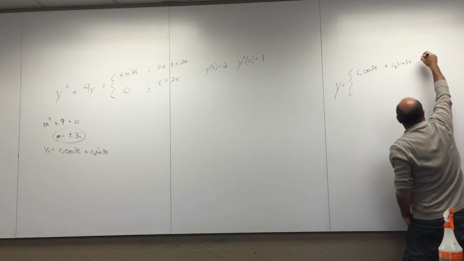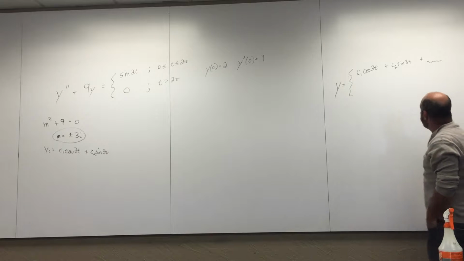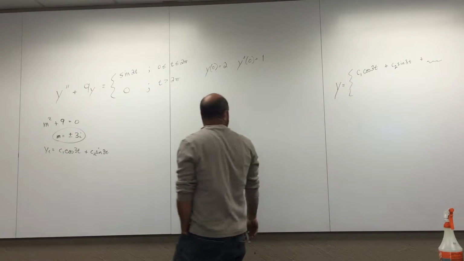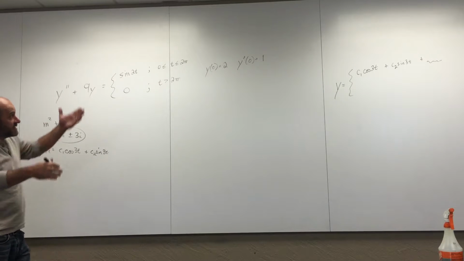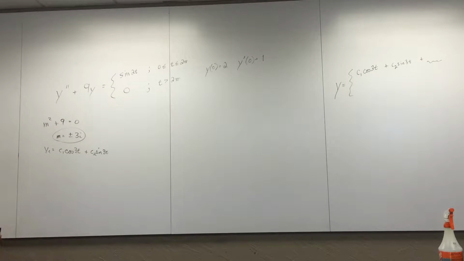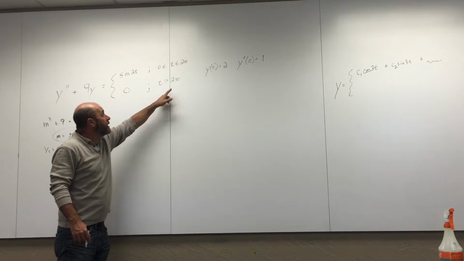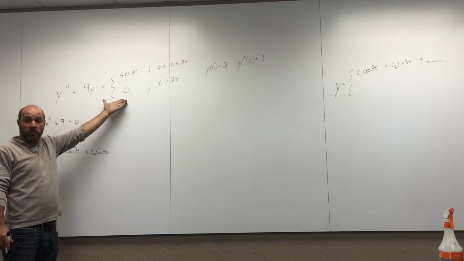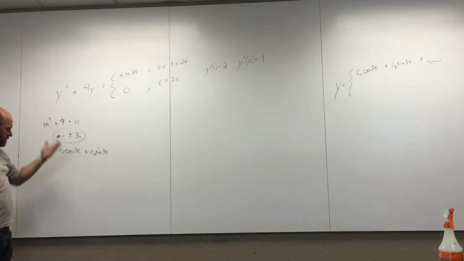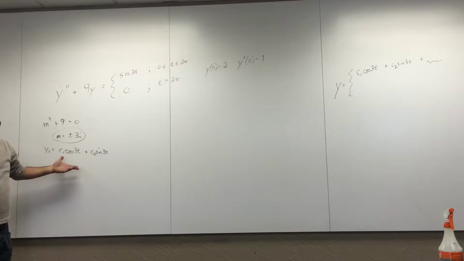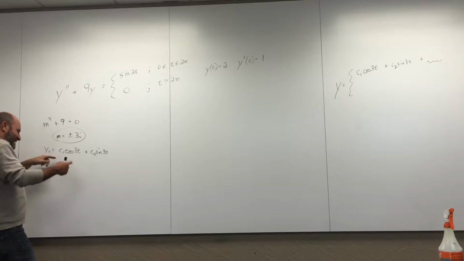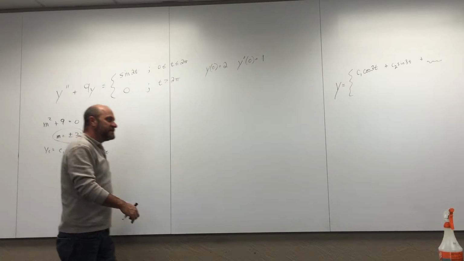Now, there's going to be something else here. There's going to be a yp there, I guess. So there's more going on there when t is less than 2 pi. What about when t is greater than 2 pi? When t is greater than 2 pi, it's homogeneous, and that's the answer. Make it C3, except, C4. They are going to be different C's, right?